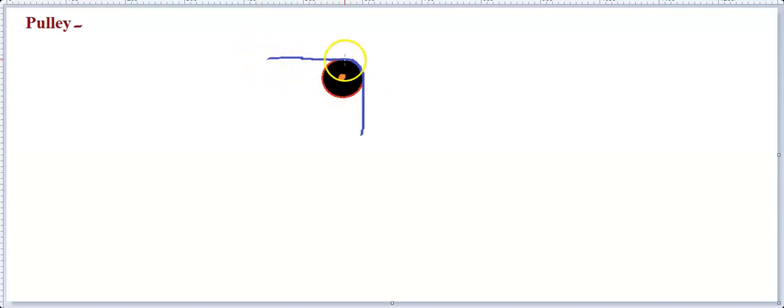So this is how the string comes in contact over it, and it allows this string to move. That means if this rotates in this manner, then you'll find this string goes downside, right? And if it rotates in the other sense, then you'll find this string is going upside.